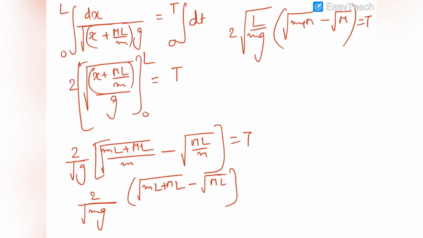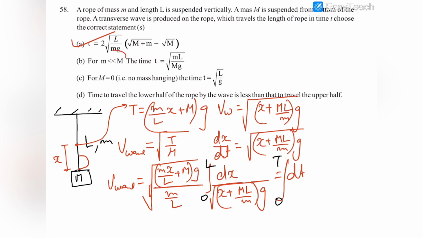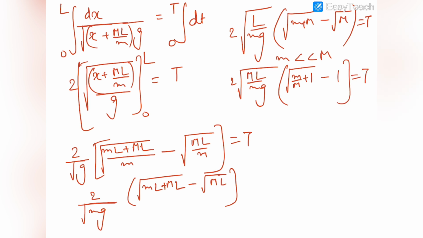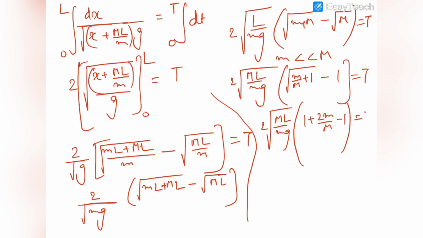Okay, now if m is very less than m, it is given in the question, so you can apply the binomial theorem and you can take out root m common, so it would be ml by mg, and applying binomial you can see that it would be root of m by m plus 1 minus 1, and this is t, and therefore 2 root of ml by mg, and this is 1 plus 2 m by m minus 1 is equal to t.